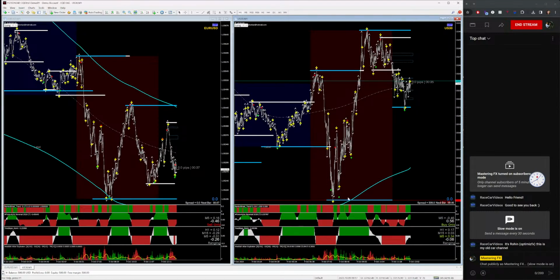Oh, just FYI, what we're doing here is we're using one of ICT's concepts, which is the Judas swing and also silver bullet. At least parts of it. I'm not completely adapting it, but I'm taking principles from ICT and I'm combining it with my own TMA strategy. And that seems to be working pretty well.